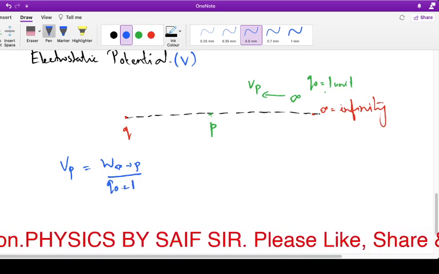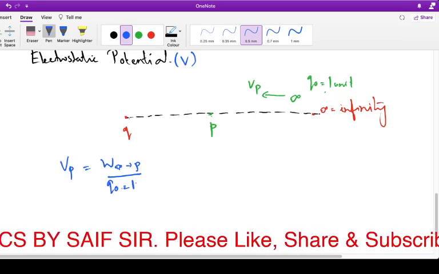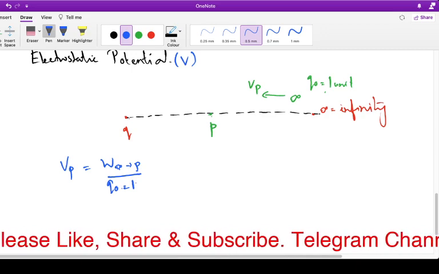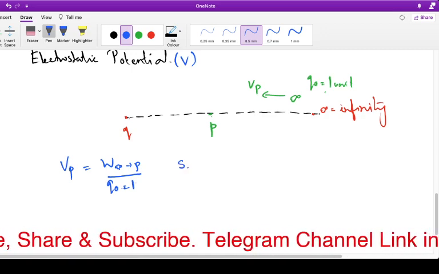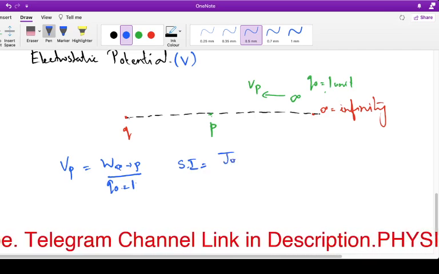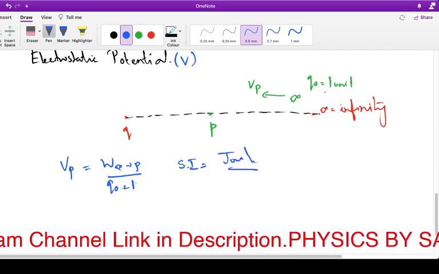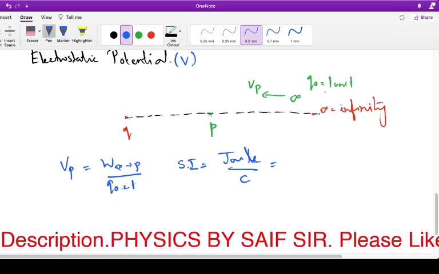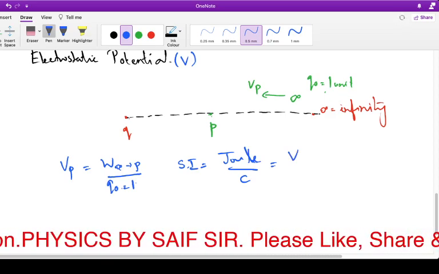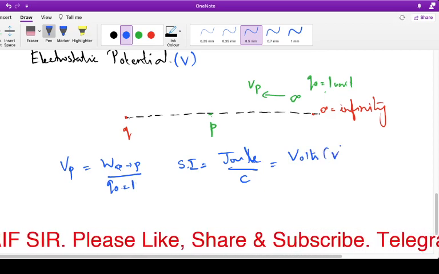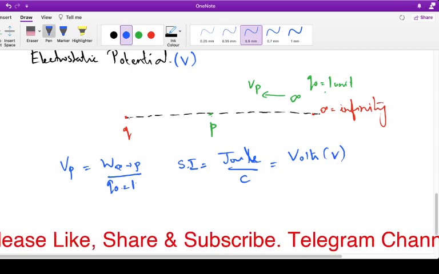With this formula you can find the electrostatic potential at point P, and now we will see the SI unit. For work done we write joule, and for charge coulomb, so joule by coulomb, which you can write as volts.